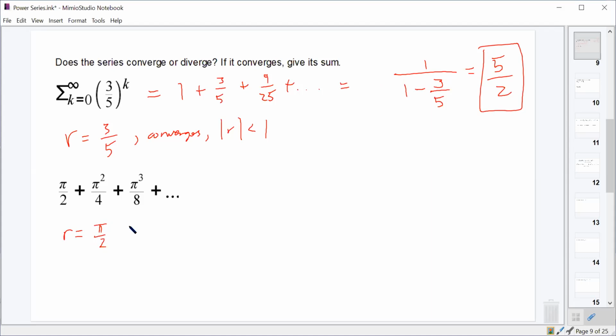And what does that tell us? That it does not converge. This must diverge, right? Because the absolute value of r is greater than or equal to 1. Right, so simple enough for that one. That one diverges. Good.